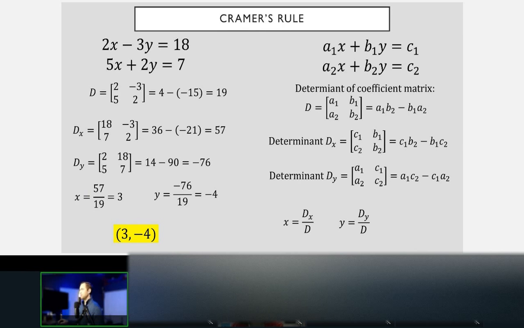So we all know we can solve a system of equations using the substitution method, elimination method, graphing method, reduced row echelon form method, Cramer's rule. Anything else I missed? I think, yeah. So we know we can solve a problem 5 different ways.